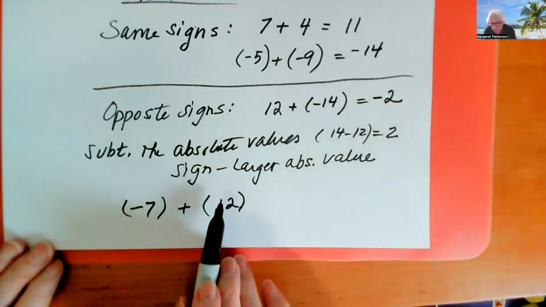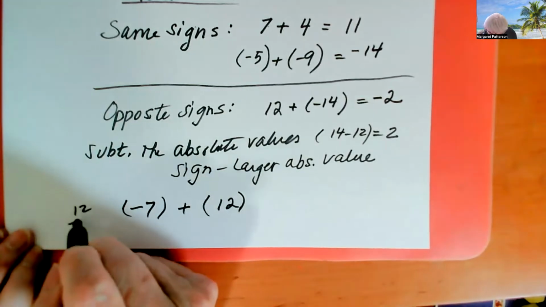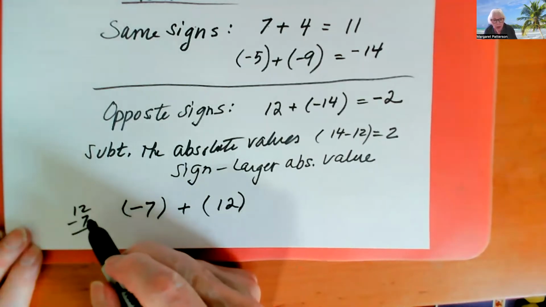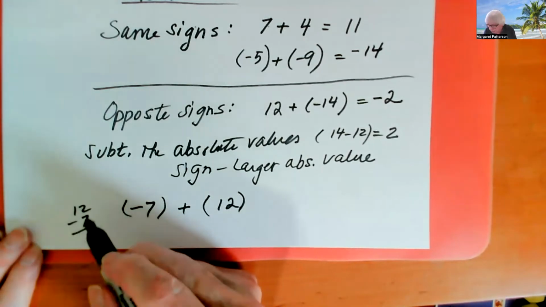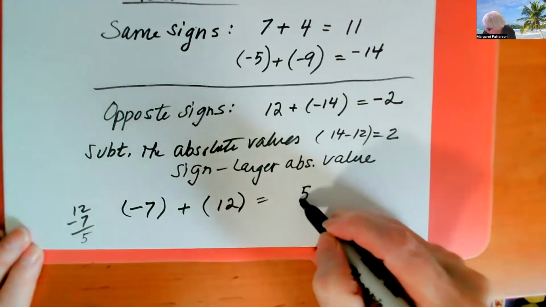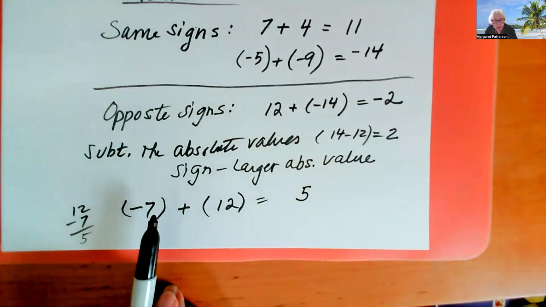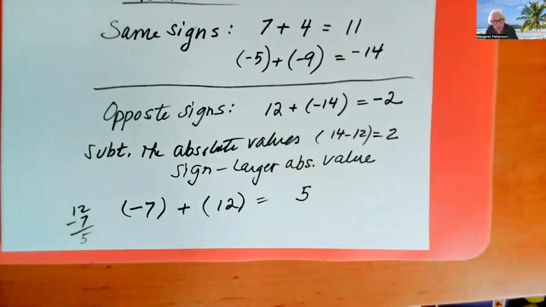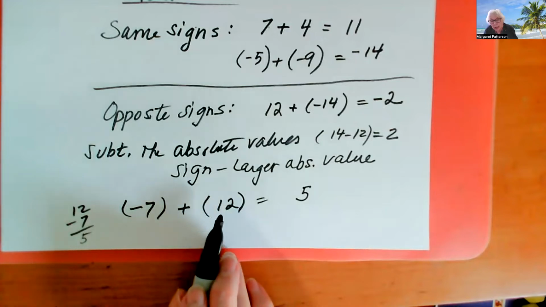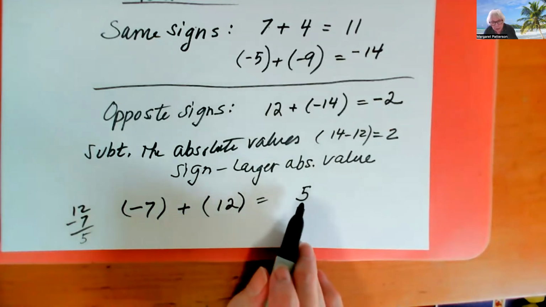And the 7 and the 12, you would basically say, subtract in the normal way with the bigger number on top and the smaller number here. And so your answer is 5. Then you have to decide whether it's a positive 5 or a negative 5. Notice how the 12 is positive and it's a bigger number, so the answer stays positive.